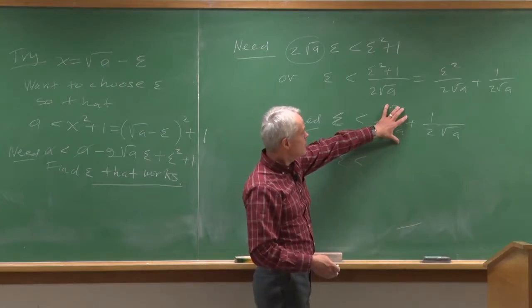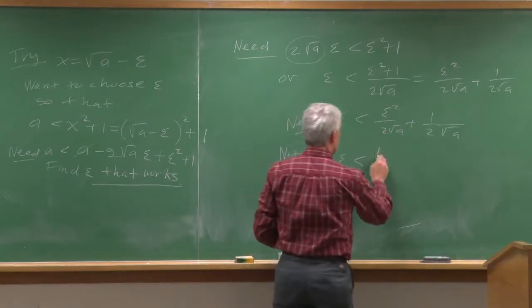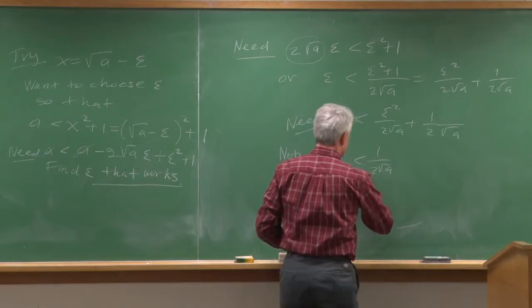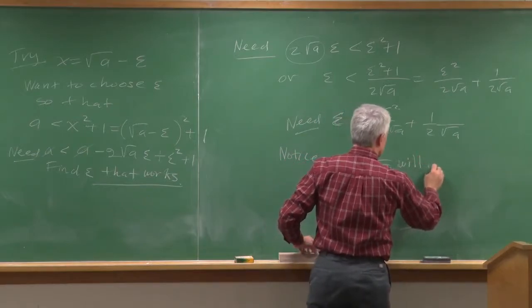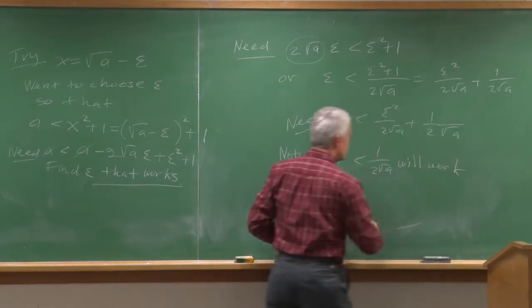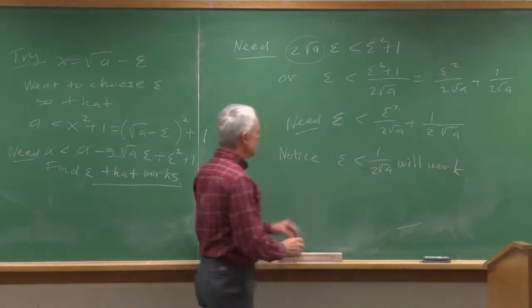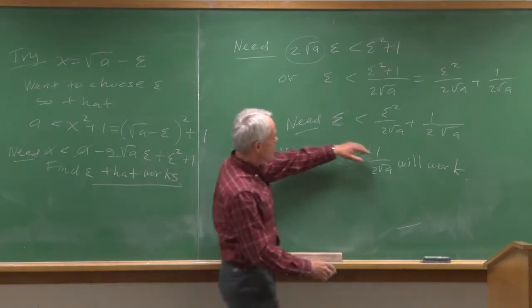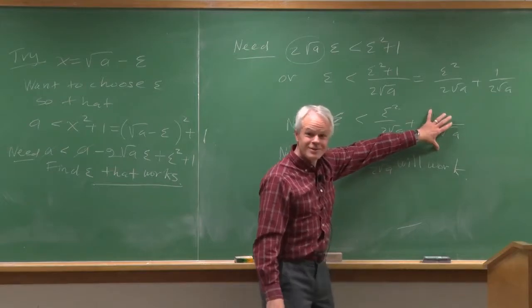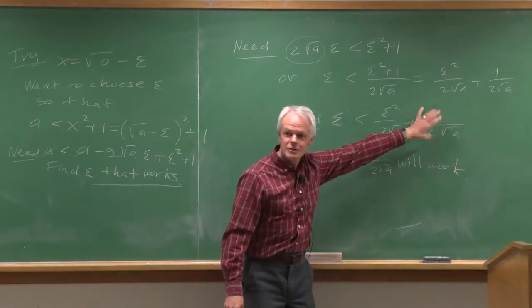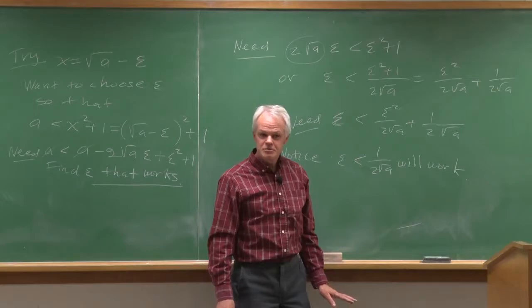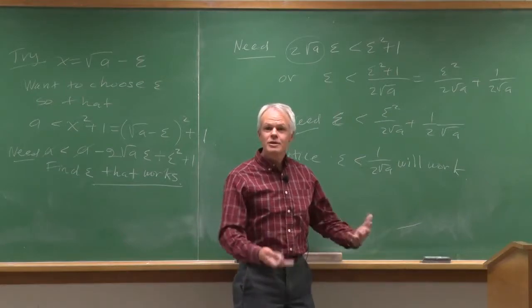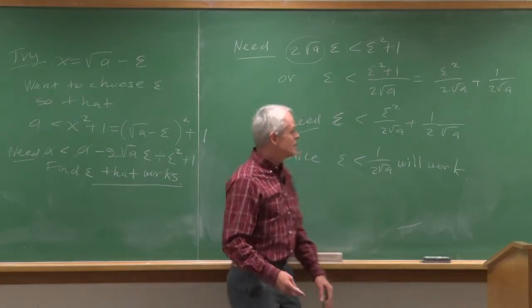Well, if I leave this out, so here's where I simplify life for myself. Notice that this will work. If epsilon is less than this term, then it will certainly be less than the sum of these two terms, right? So this is where the scratch work comes in.